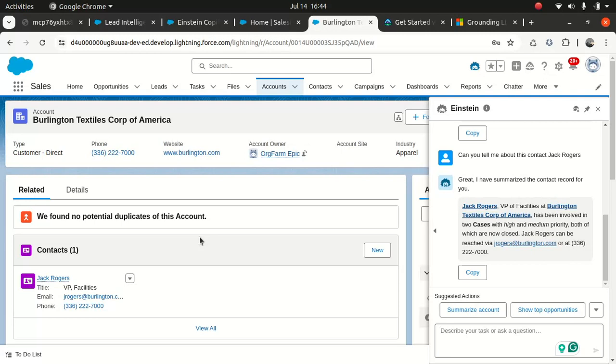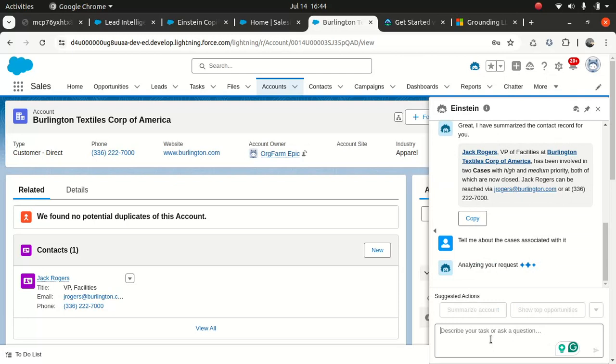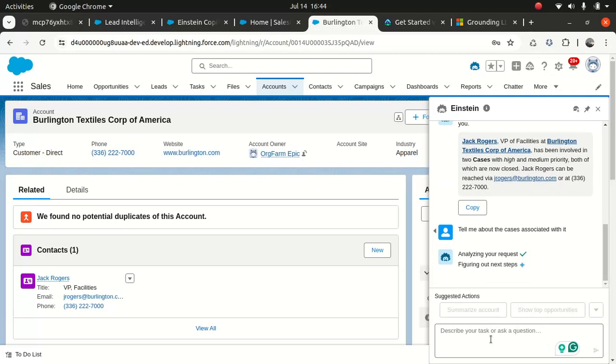Now, obviously, like I said, there are standard actions, and there are actions that go on behind the scenes to give you this output. If you want something more comprehensive, for instance, let's say, tell me about the cases associated with it. Maybe you won't get accurate information because you don't have an action associated with it.